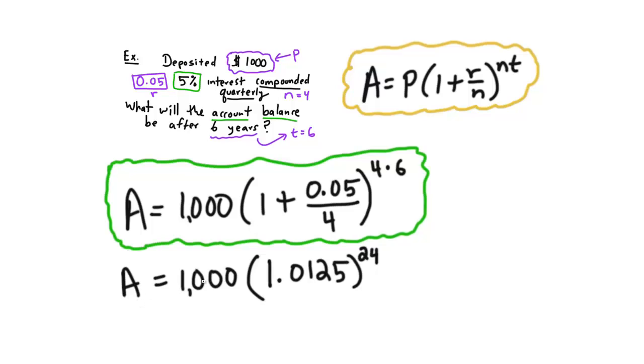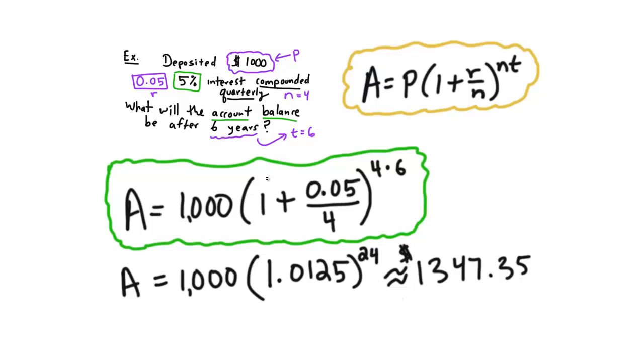Capital A is equal to 1,000 times this whole thing inside the parentheses is just 1.0125, and 4 times 6 is the 24, and this reduces to approximately 1,347 and 35 cents.